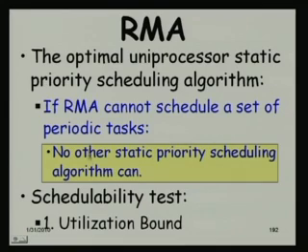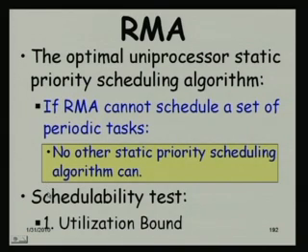And it is the optimal algorithm in the sense that if something cannot be scheduled using RMA, then we cannot have any other static priority scheduling algorithm which can schedule that same set of tasks. So, in that way this algorithm is very important.